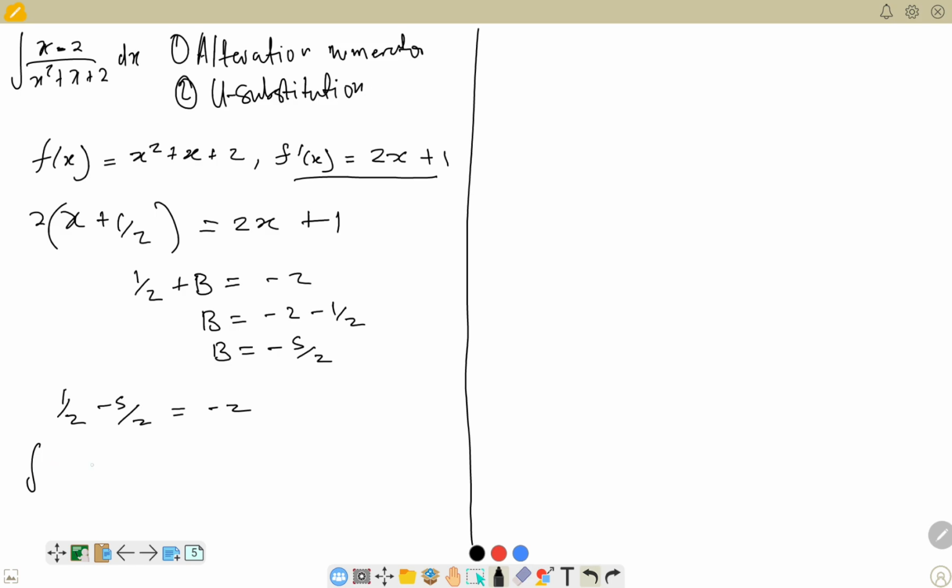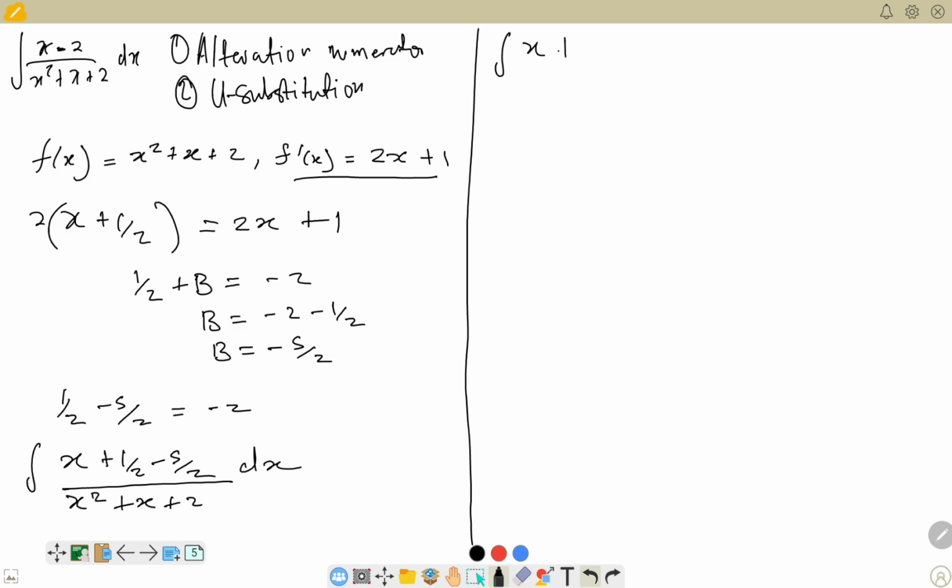So from here I can rewrite this integral as (1/2 x ... ) that is, the numerator (x + 1/2) minus 5/2, all over x squared plus x plus 2, dx. Then from this step I can split it into two parts.